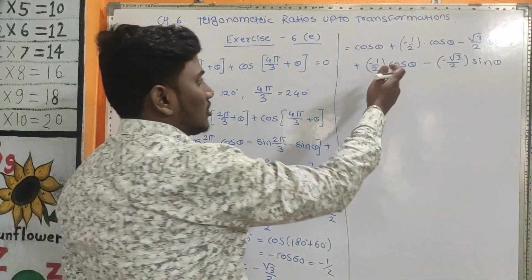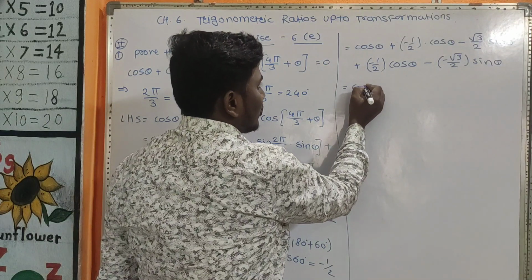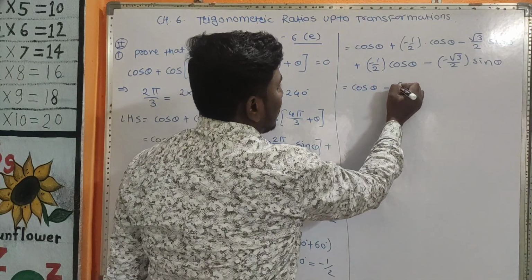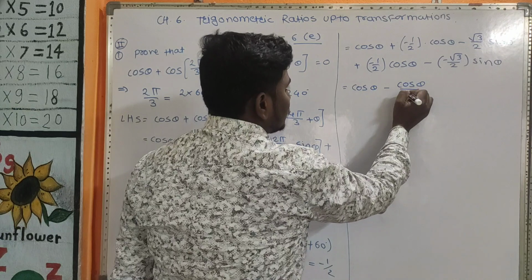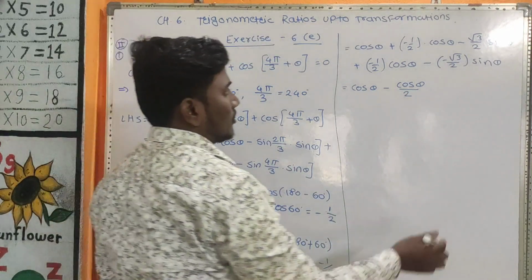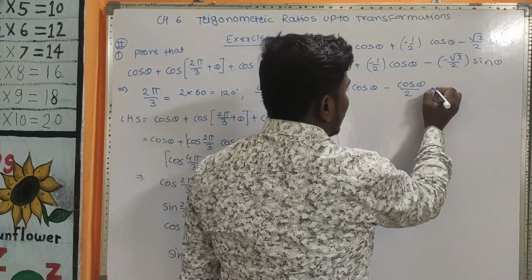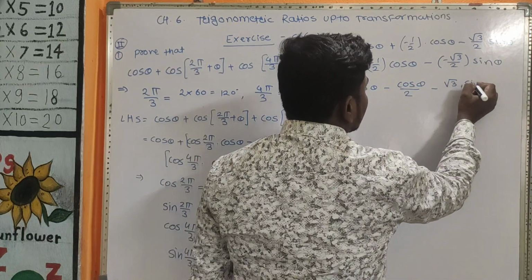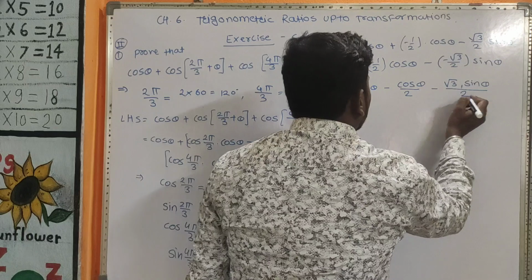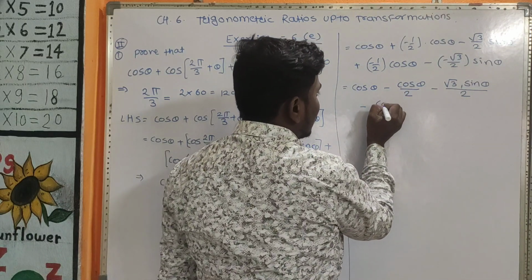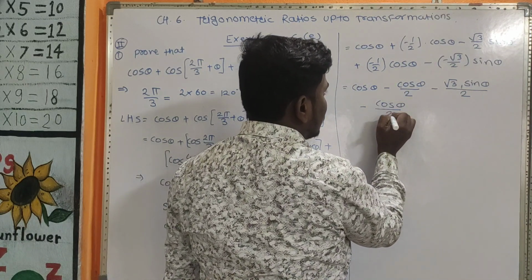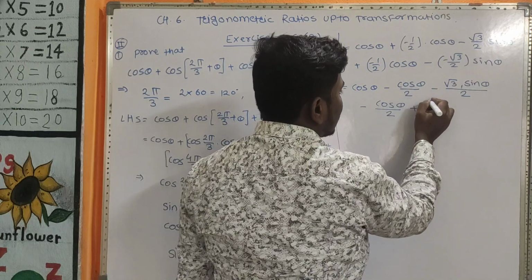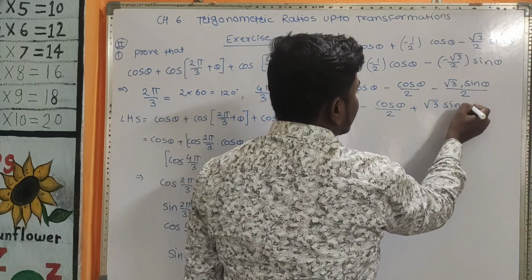So we can evaluate this one. What we get here: minus cos theta by 2, minus root 3 sin theta by 2, minus cos theta by 2, plus root 3 sin theta by 2.